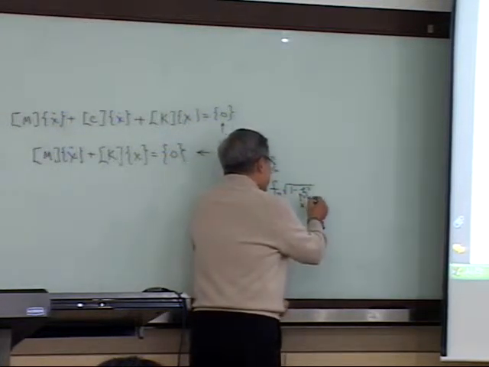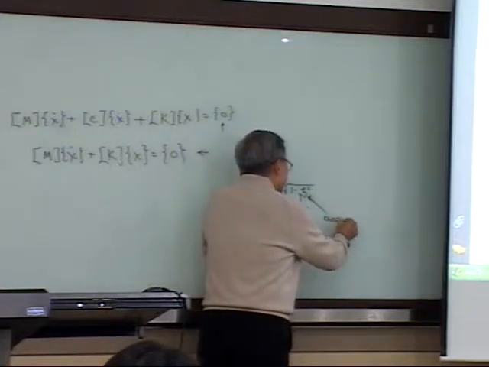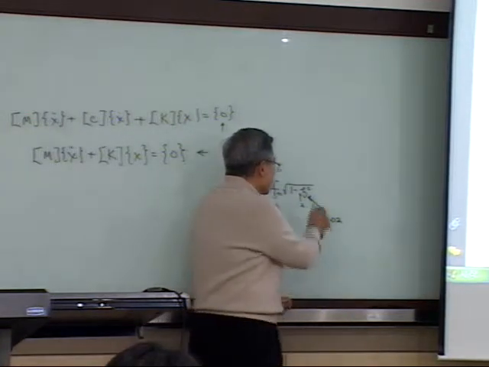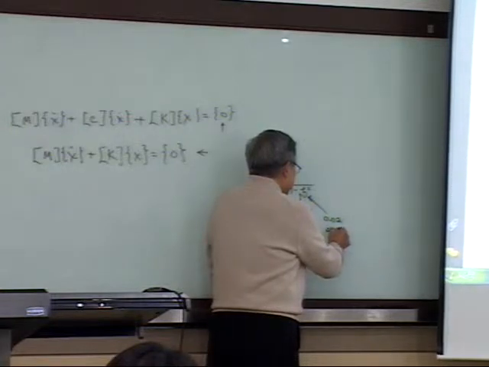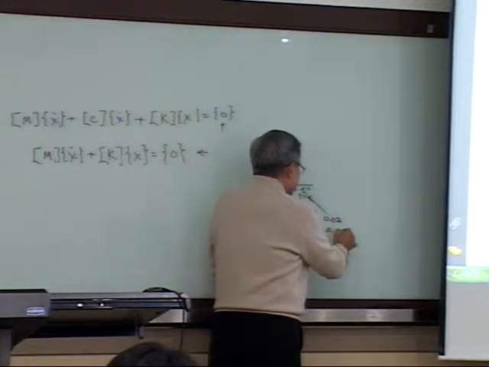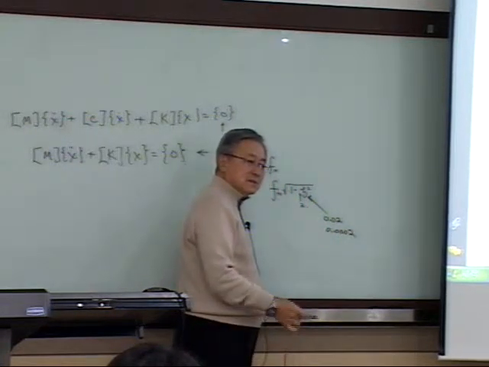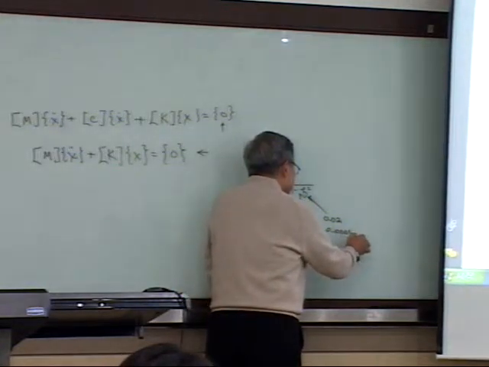Anyway, so here zeta is, I'm talking about 0.02, right? 2% damping. If you square it, it is going to be what? 0.0004.